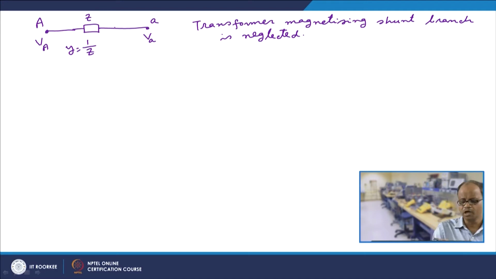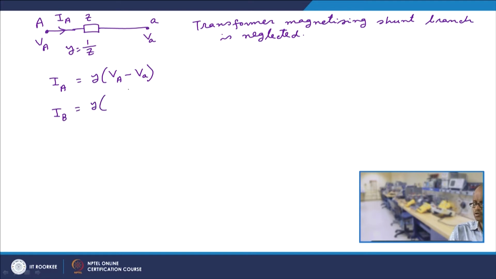So, if I have a current I A here, then I A is equal to Y into this voltage difference, Y into V A minus V a. Similarly, I B would also be Y into here.